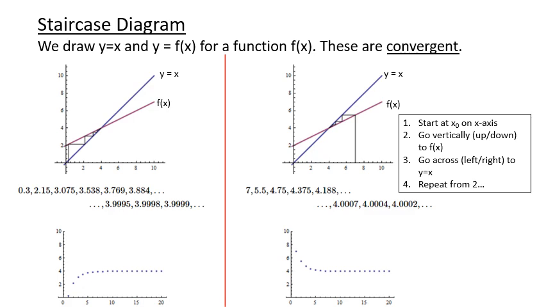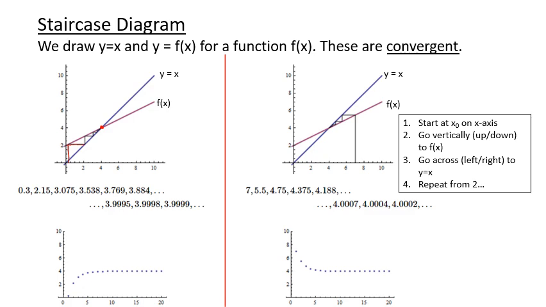Now in this scenario, the solution would be where the graph f of x meets the line y equals x. So we could start off with our first x value, for example 0.3. From 0.3 we could go up to our function graph and then across to the line y equals x. This would give an answer, for example, of 2.15.